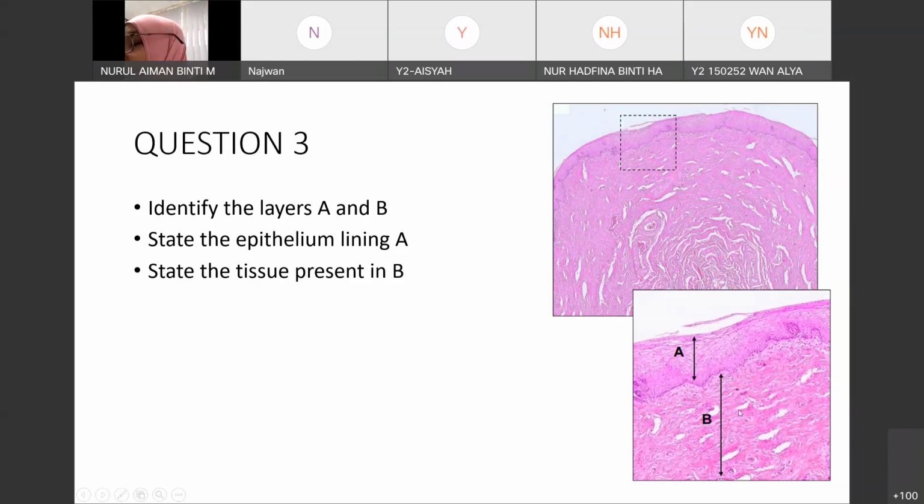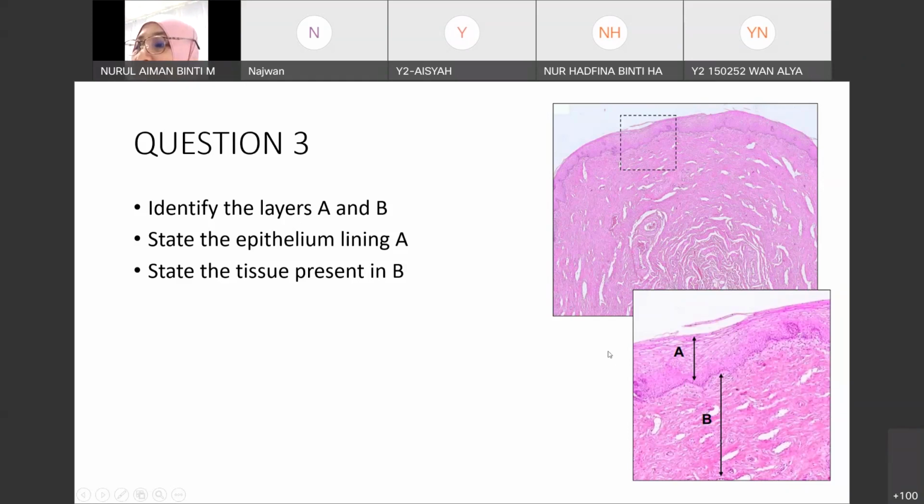The mouth region, the internal part of your oral cavity, is also lined by stratified squamous epithelium. But the slide is vagina. Still, if you answer the epithelial lining correctly, then you still get the marks.